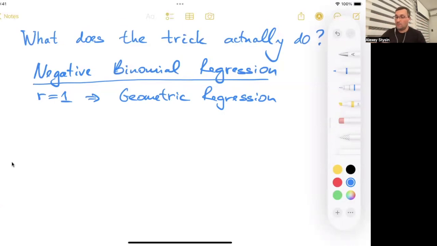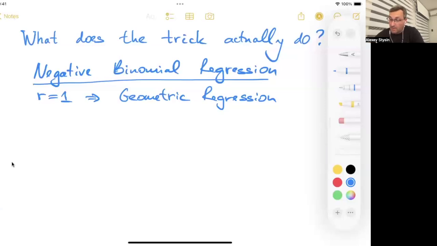Then we will see that by using R equals 1, and treating every example independently and taking the logarithm, we would be able to arrive at the same loss function as we had when we created the copies and therefore canceled the positive labels on this second part of the loss function. So let's see.